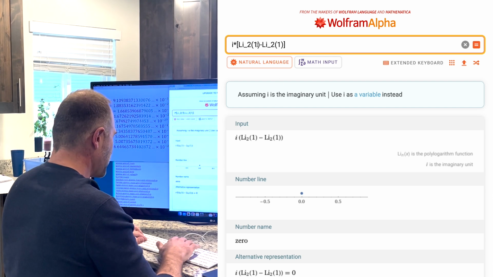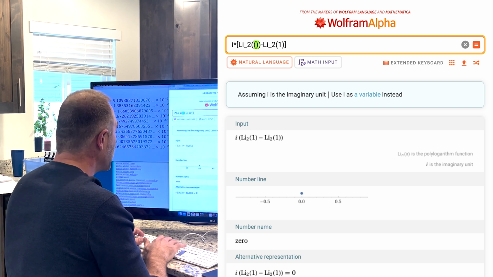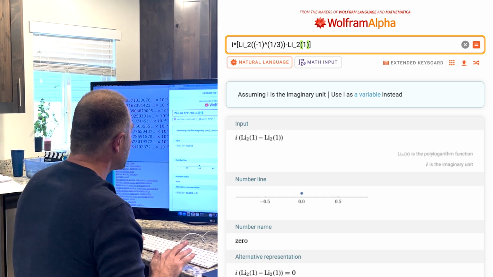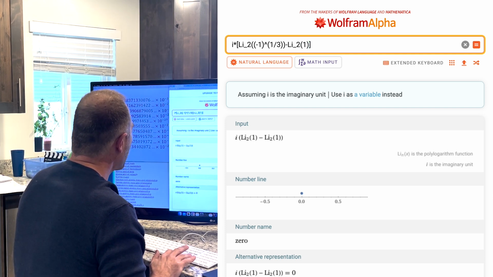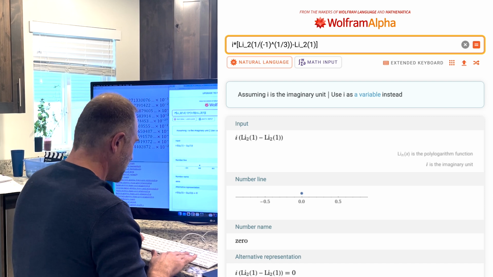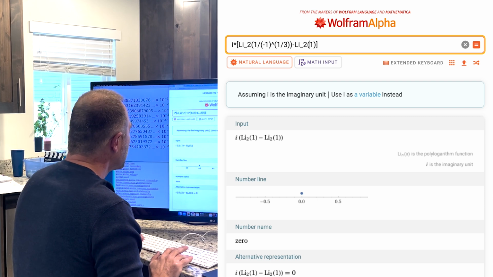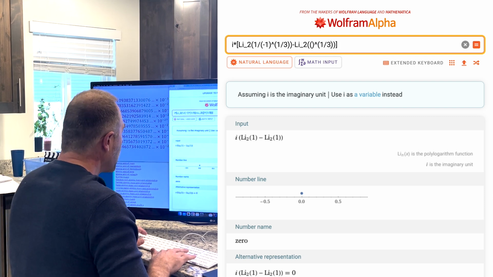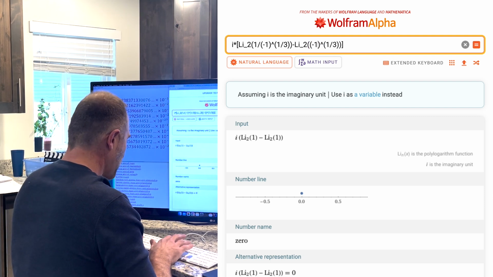All right, well, I need to change my argument now to be -1 to the 1/3 power in both cases. Oops. Actually, in the first case, it needed to be 1 over that. 1 over. Okay, second case, -1. All right.